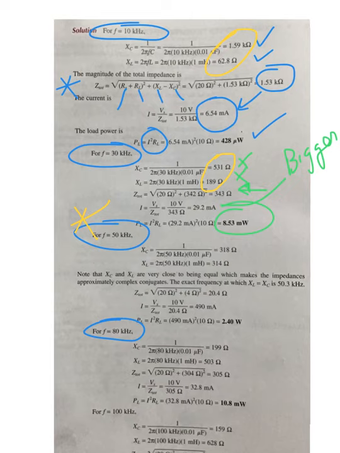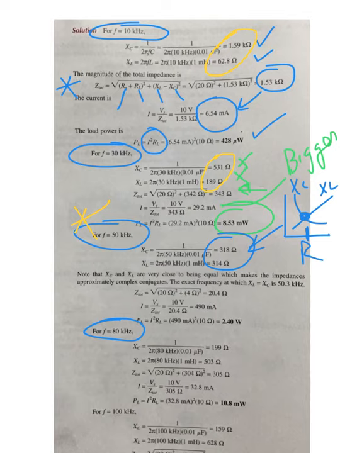Now, at 50 kilohertz, magic happens, and the two components are essentially the same value. If you remember the plot for capacitance and the plot for X sub L, there is only one spot, the resonance spot, and we just found it right here.